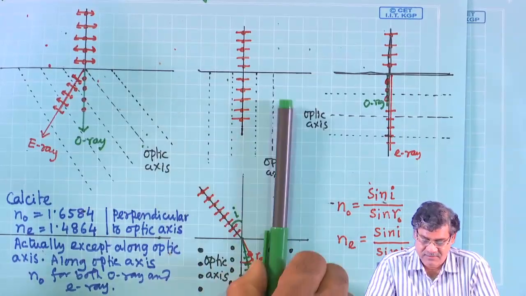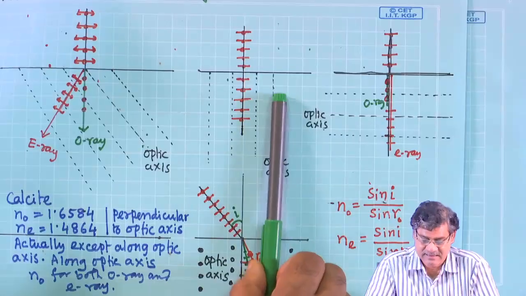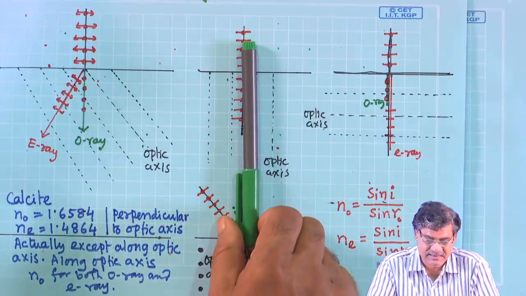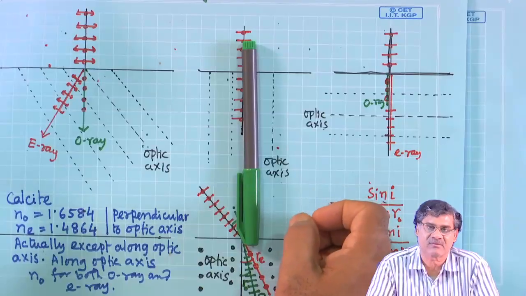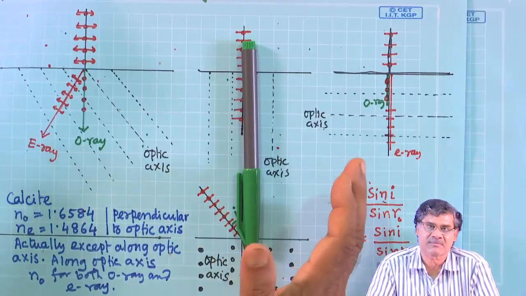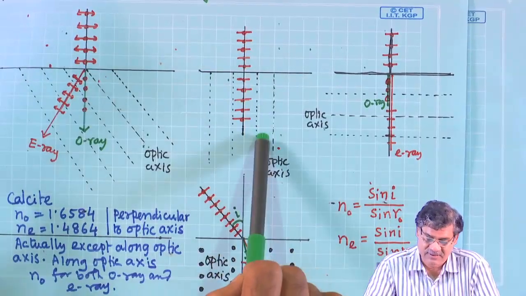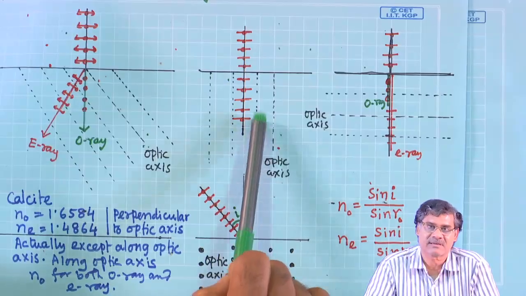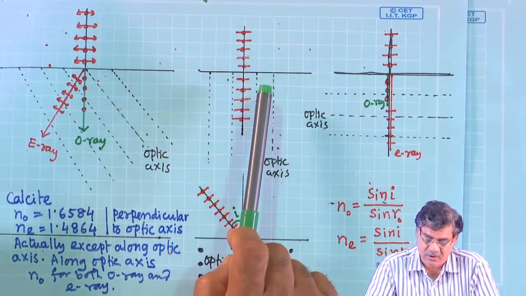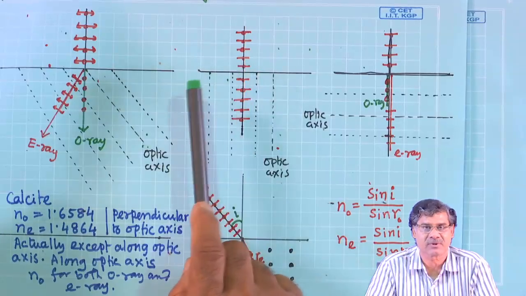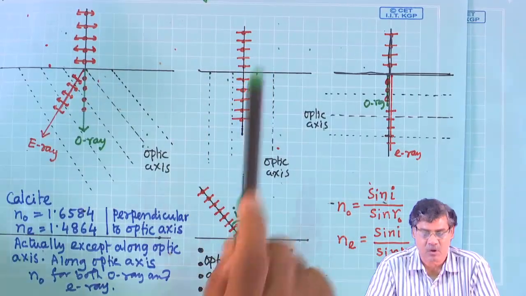Here you can see that for the optics axis, whereas normally the angle is considered with respect to the normal, here it is considered with respect to the optics axis, not with respect to the normal to the surface.